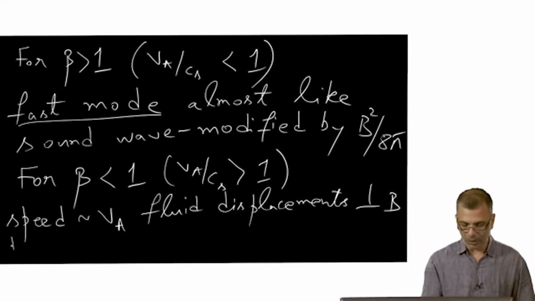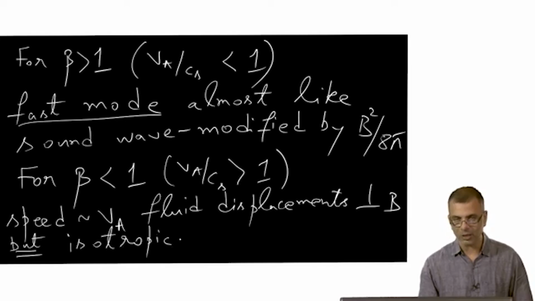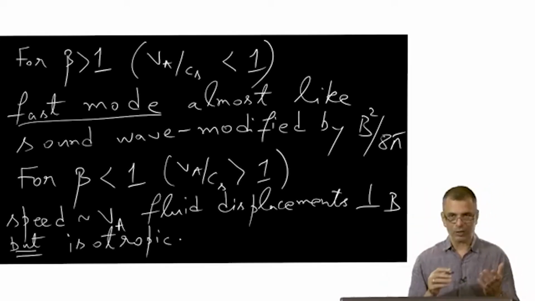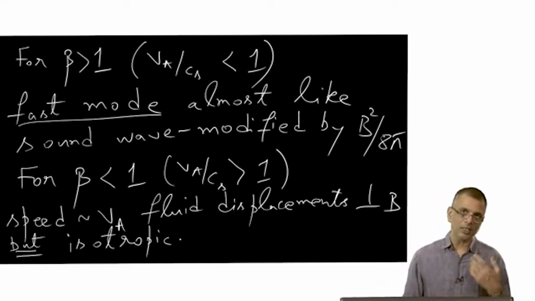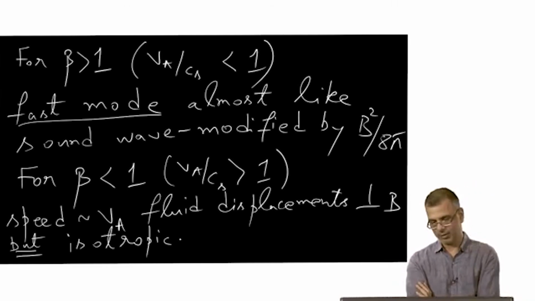But it's almost isotropic. In other words, the dispersion relation, the dependence of omega and k, does not contain a theta, in that the dependence on theta is very weak.